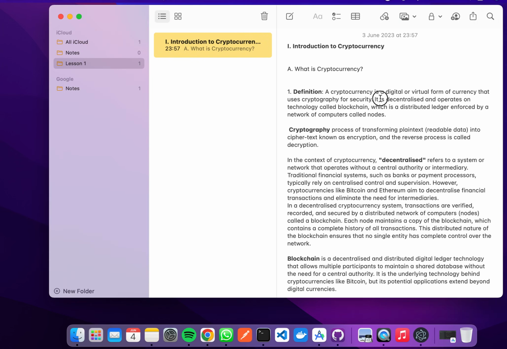So on decentralized, in the context of cryptocurrency, decentralized refers to a system or network that operates without a central authority or intermediary. So basically, it's an autonomous system. So no one really controls it.